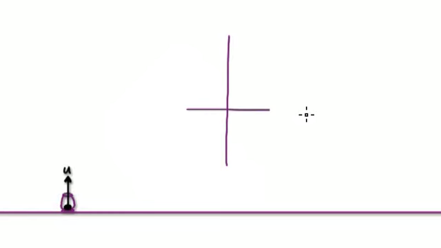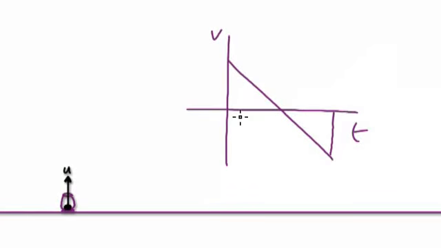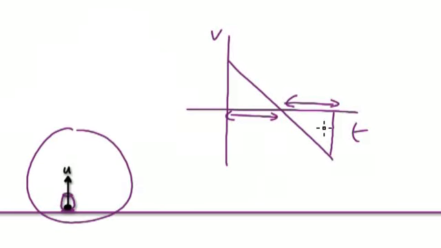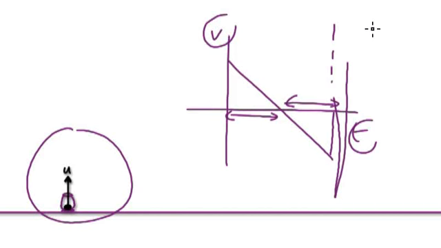Just accept that when you have a velocity-time graph like this, this time here equals this time here, and in this scenario our velocity-time graph terminates around here.